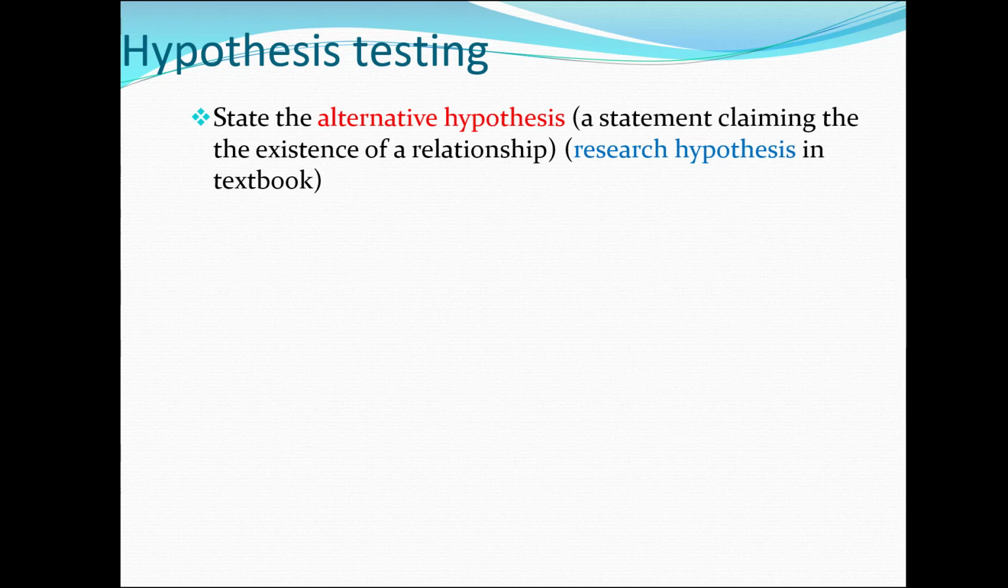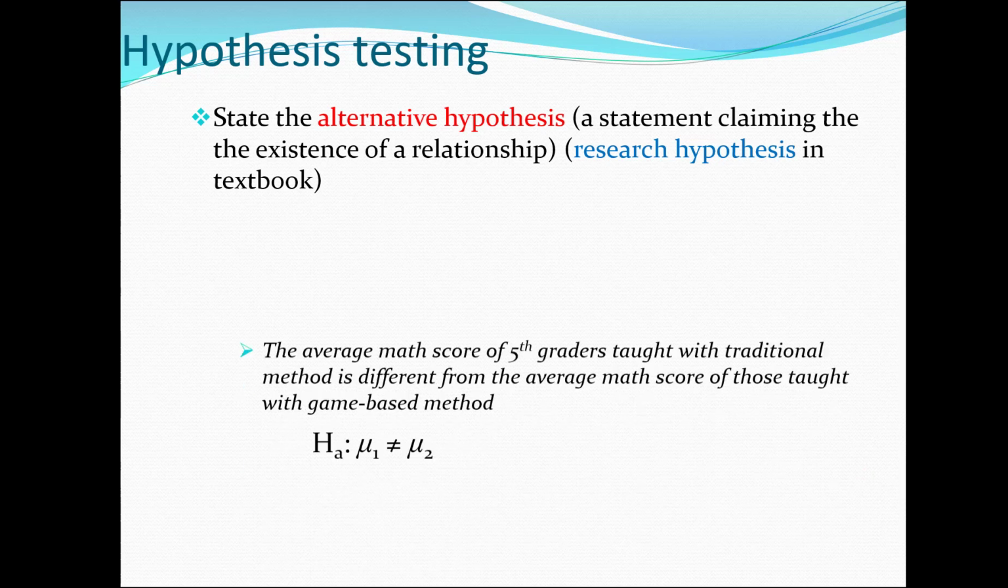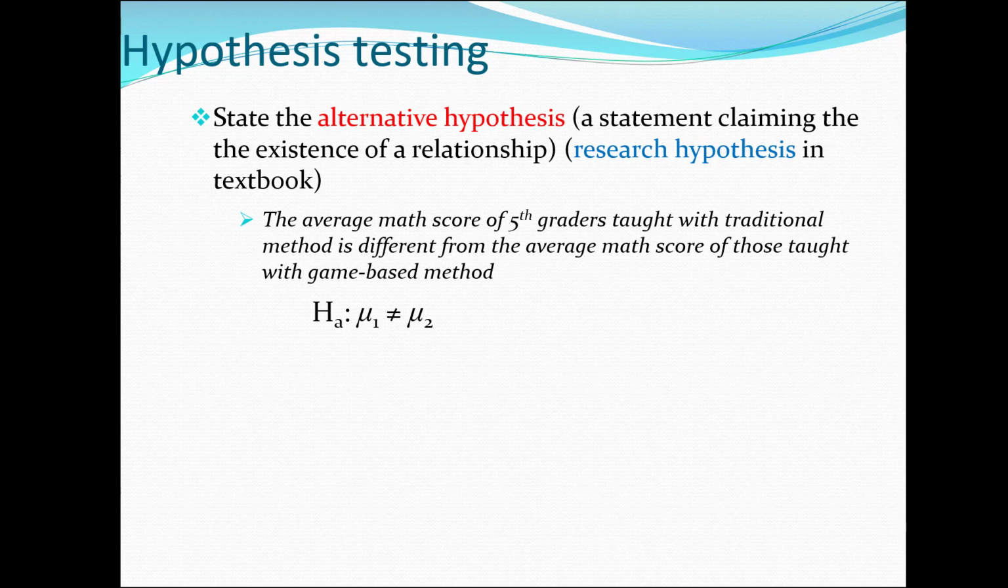Okay? Now let's take a look at the alternative hypothesis for the research example we used before. You can still remember your null hypothesis says there's no difference in the average math scores for 5th graders taught with traditional methods and 5th graders taught with game-based method.